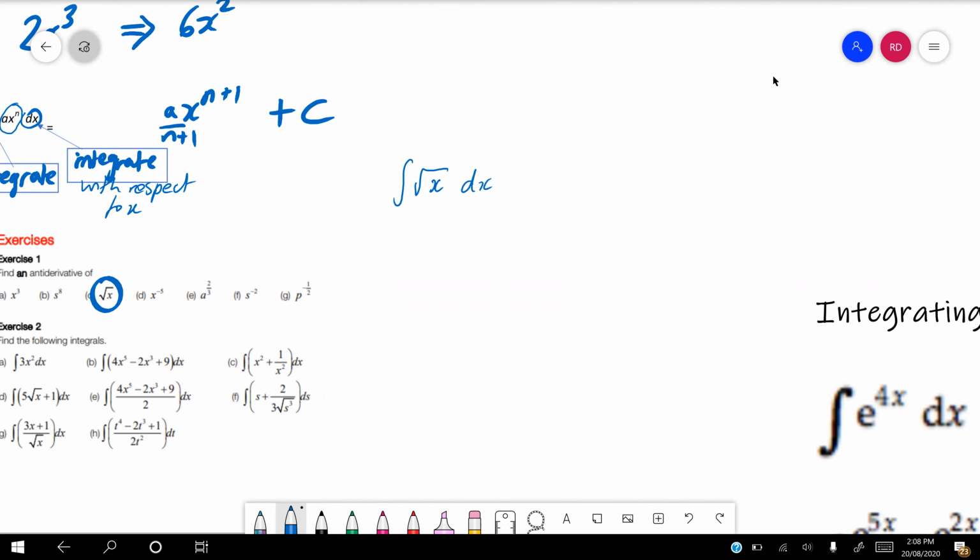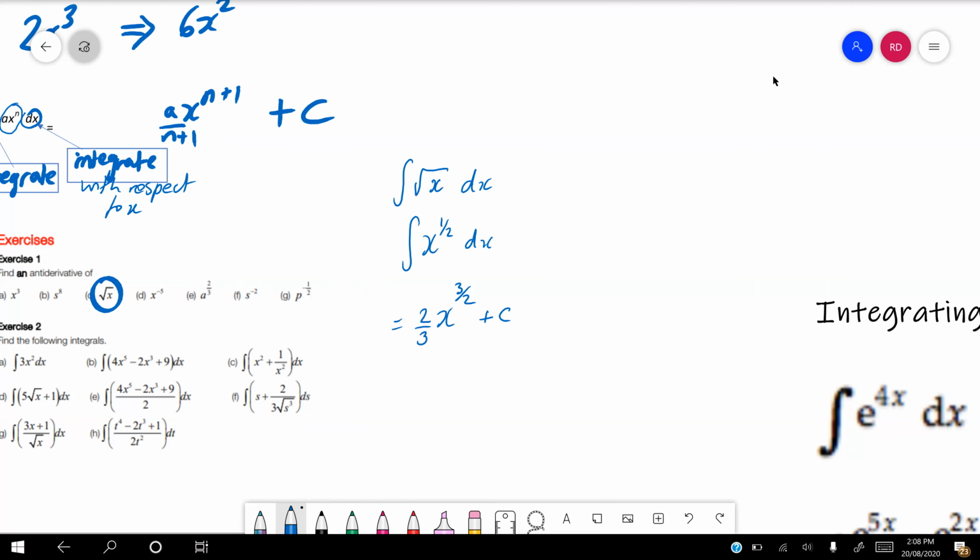So square root of x is x to the power of a half. Now I'm adding 1 to a half, so that's 3 over 2. And now I've got to divide by this new power. Dividing by 3 over 2 is multiplying by the reciprocal, so 2 over 3. And let's not forget the plus c.